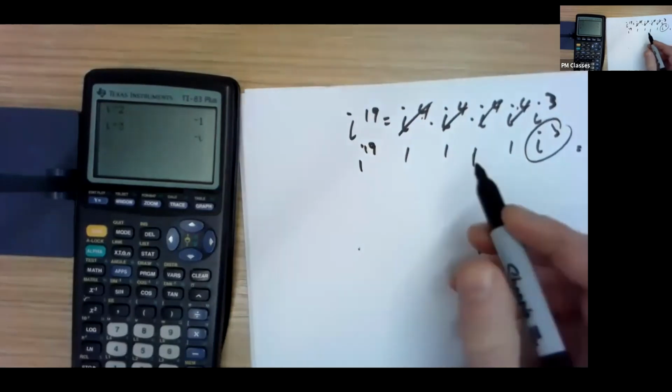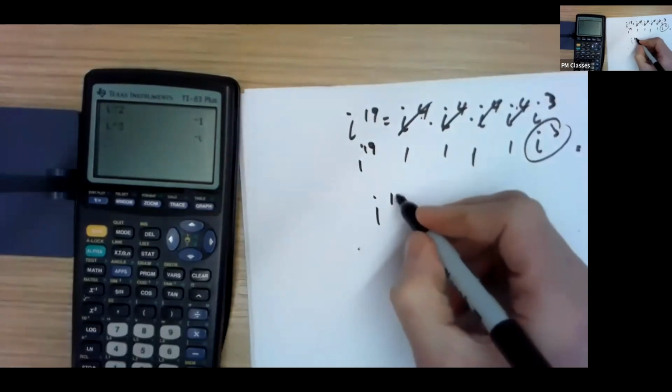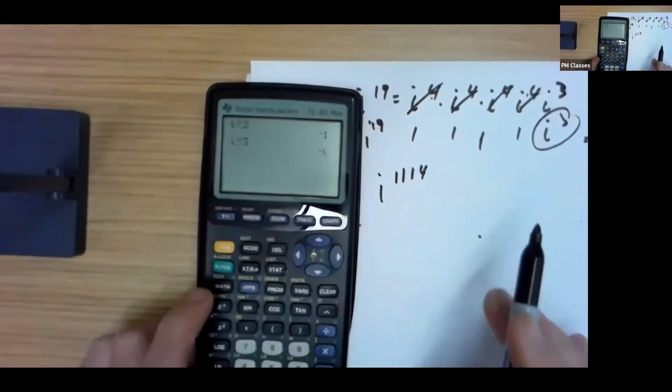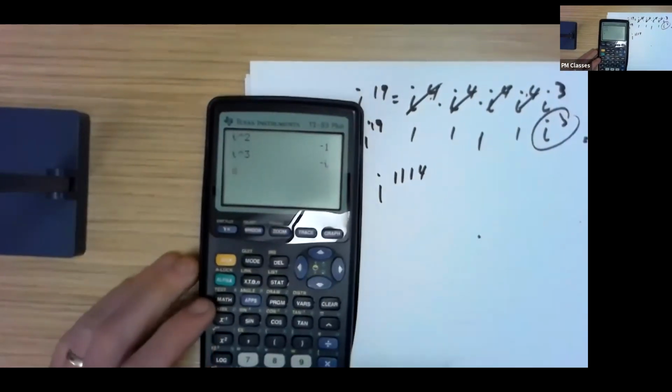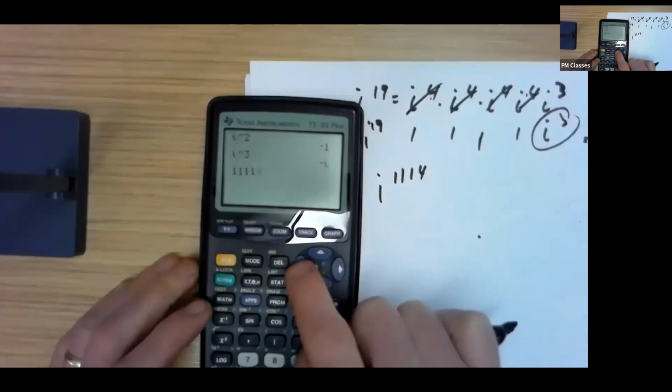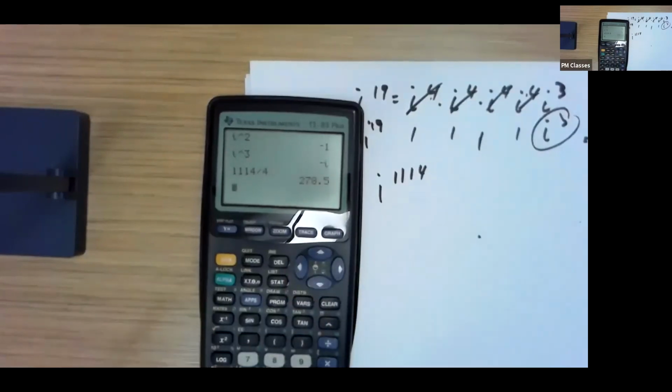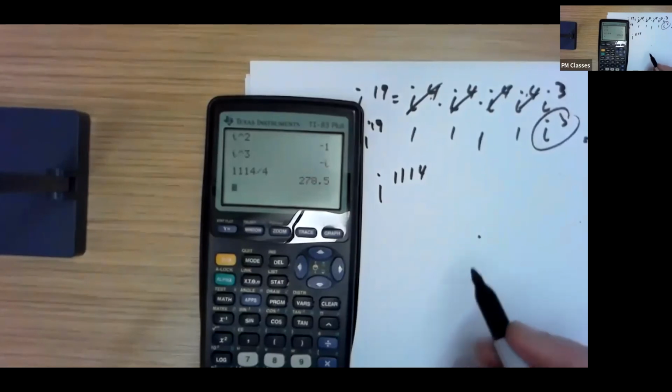If you have a huge number, if you have i to the 1014, you're like, I don't want to do it this way, that'll take me all day. Here's what we do. We'll divide 1014 by 4. That's 253.5. Well, what do I do with that?